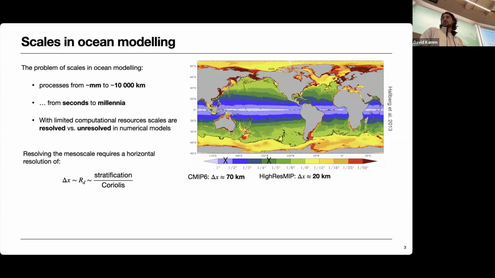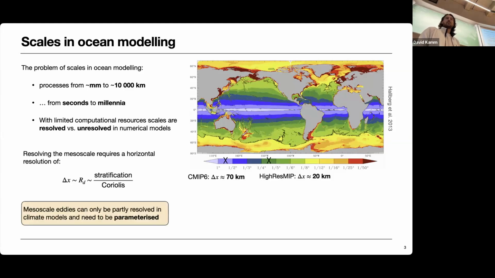The bottom line here is that in current climate models, mesoscale eddies can only be partially resolved, and they need to be parameterized. This map also helps us to classify different kinds of ocean models. On the far left side, we have the eddy parameterizing regime, where, as I said, almost all mesoscale eddies need to be parameterized.